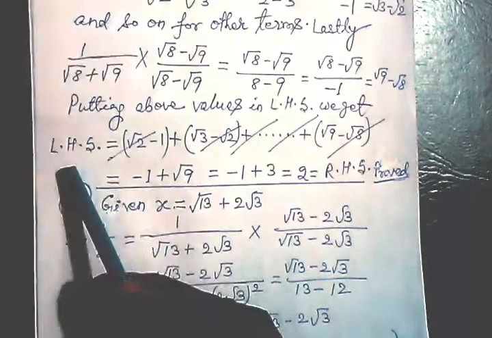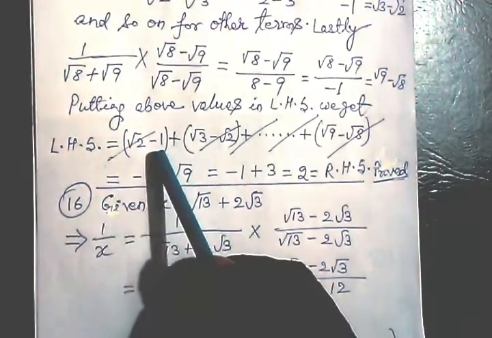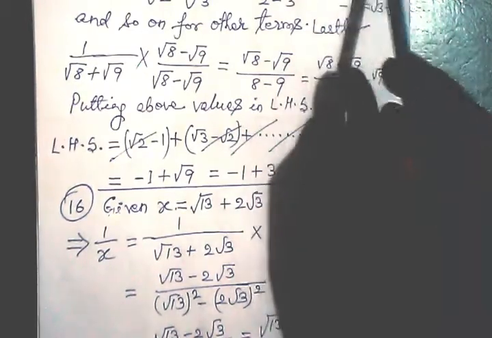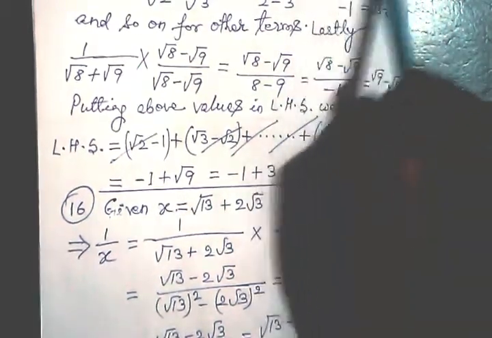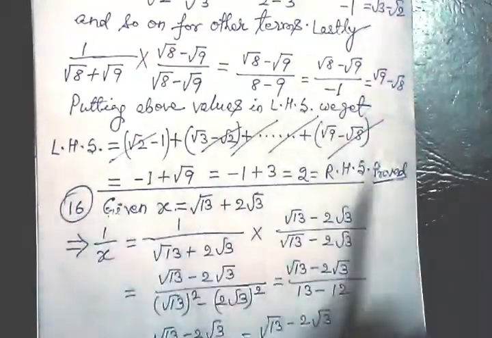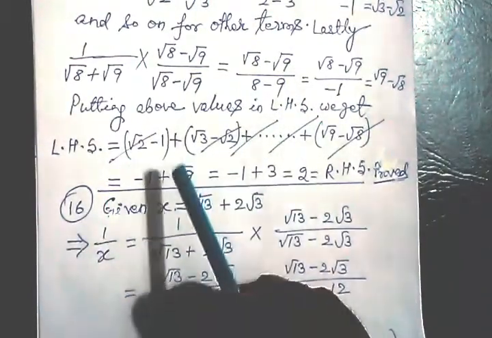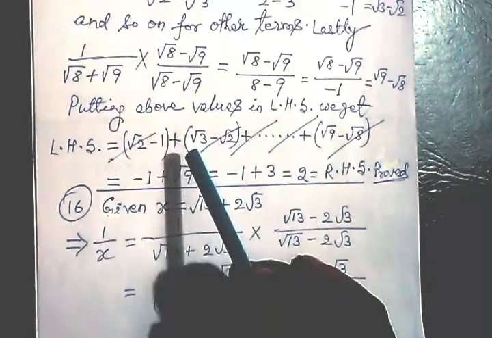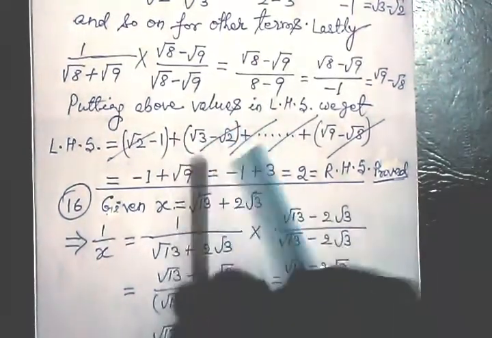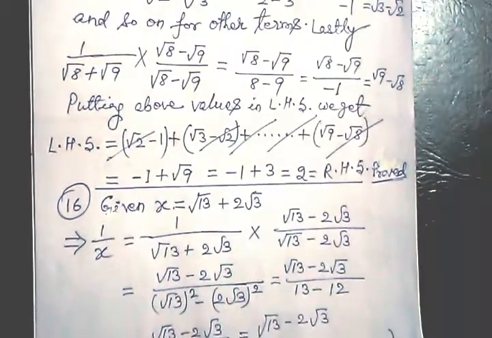LHS equals root 2 minus 1. Here is the rationalized answer of the first term, root 2 minus 1, in one bracket. Thereafter the plus sign, then root 3 minus root 2, the rationalized form of the second term.